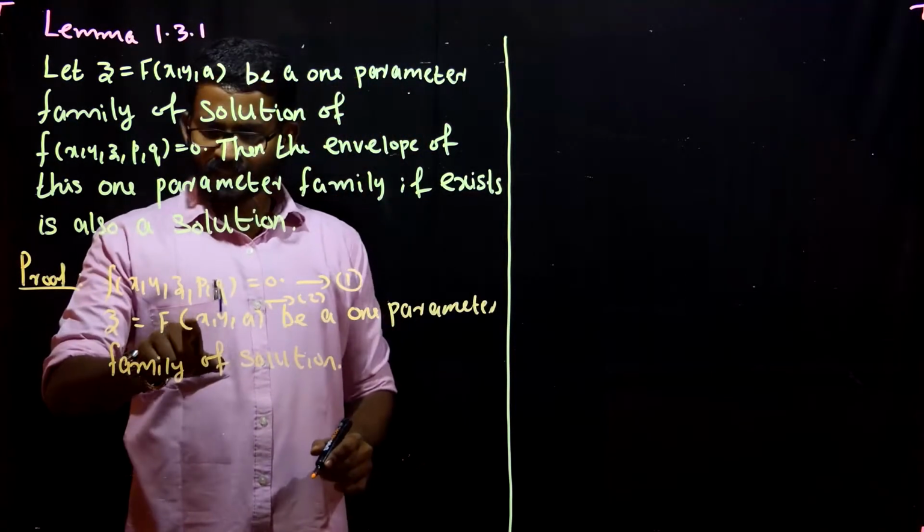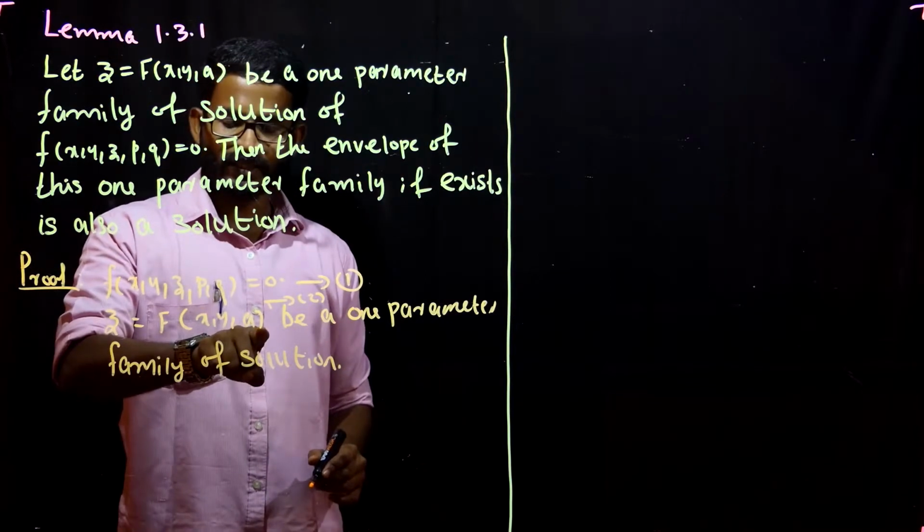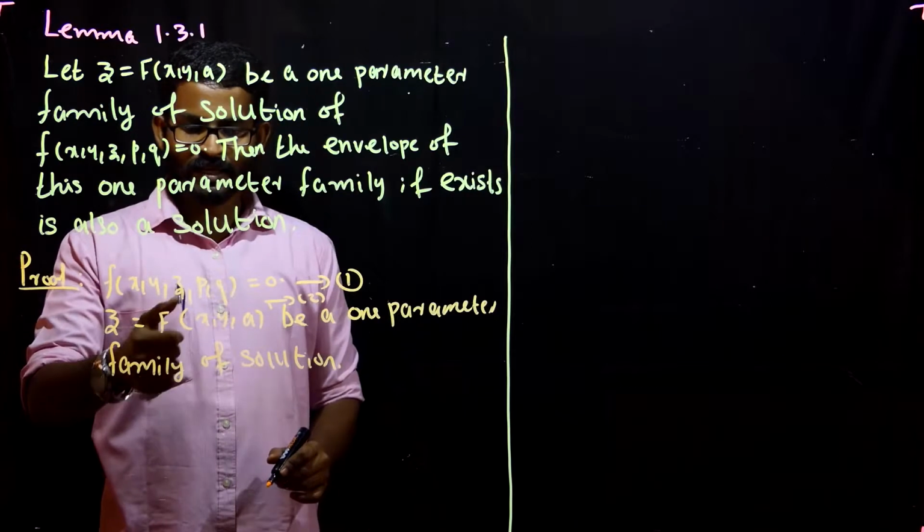To obtain the envelope of this one parameter family, we need to eliminate a.